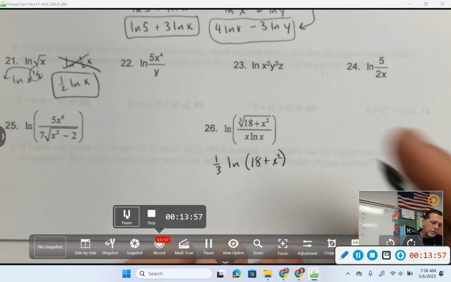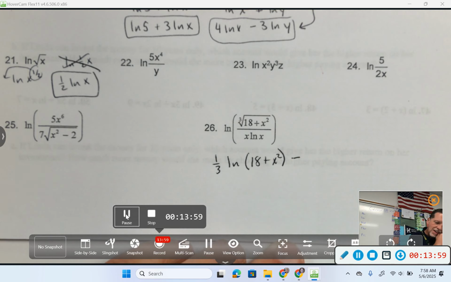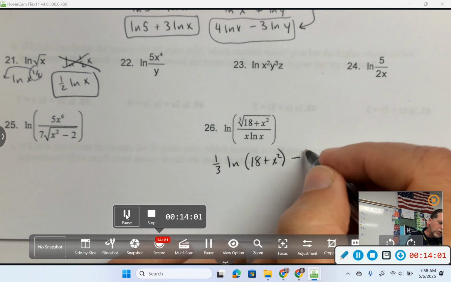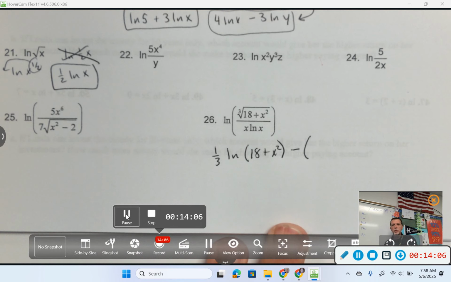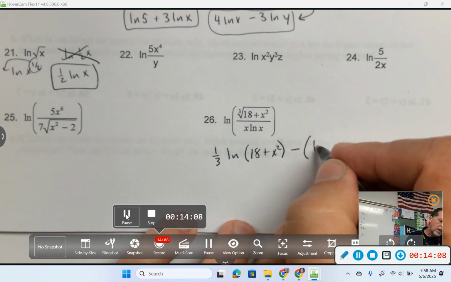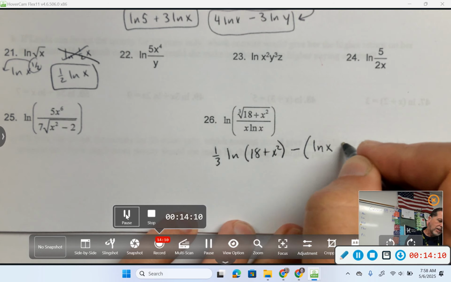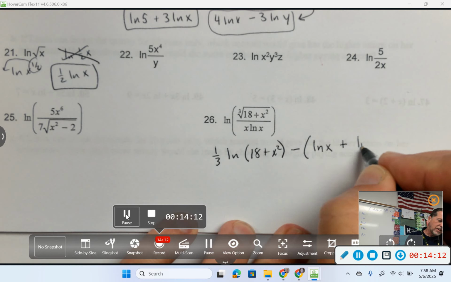Bottom part, so it's going to be minus. I could distribute the minus, or I could put it in parentheses. It looks like most of you are going with parentheses, so that's fine. Natural log of x plus the natural log.